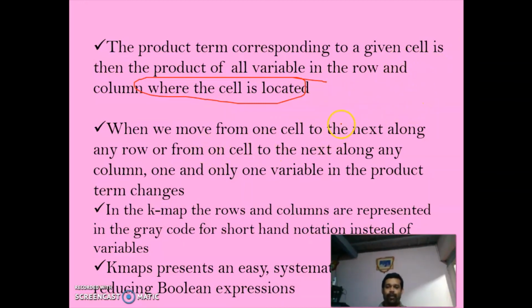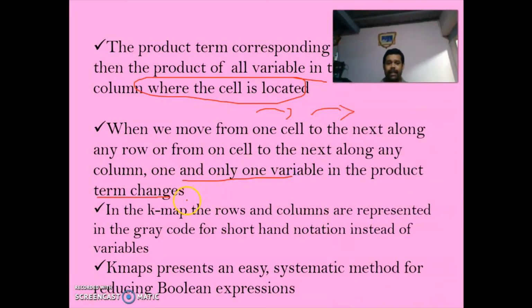When we move from one cell to the next cell, along the row or along the column, only one variable in the product term changes.